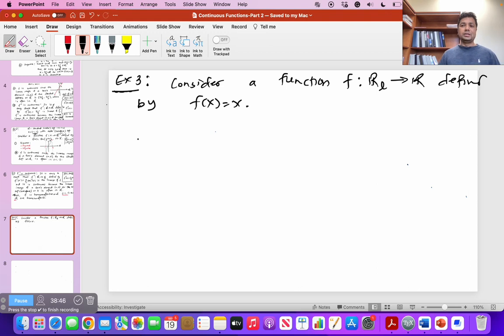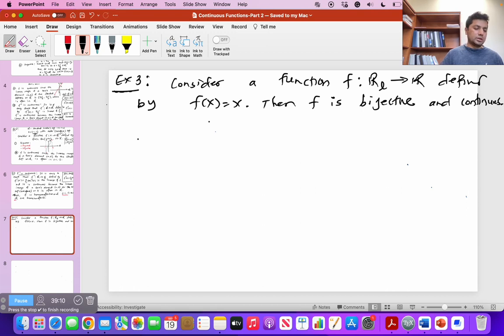We have seen in our previous video this function is continuous, and obviously it is bijective because it is an identity function. So f is bijective and continuous.